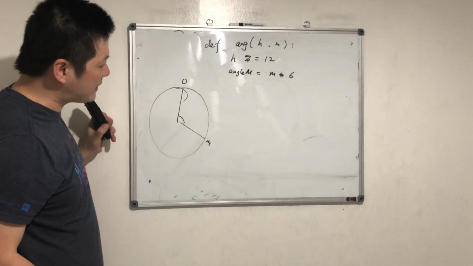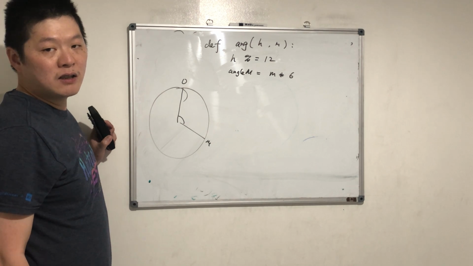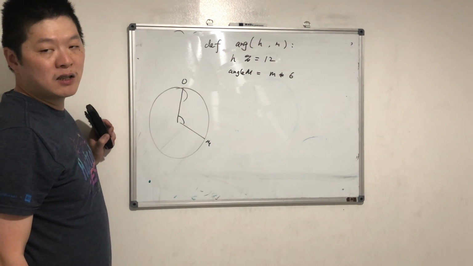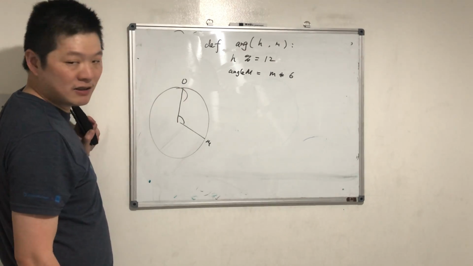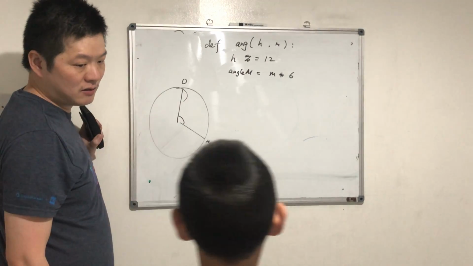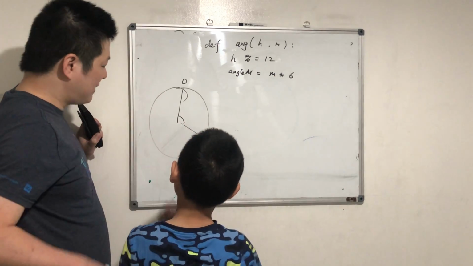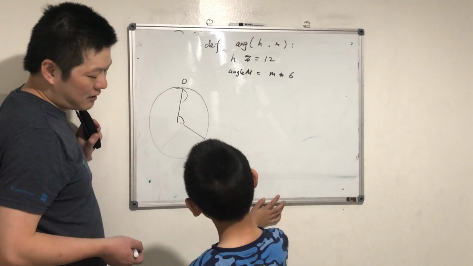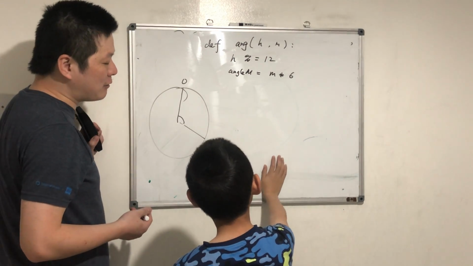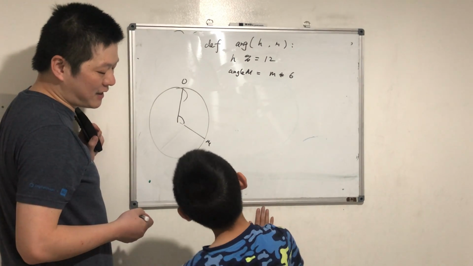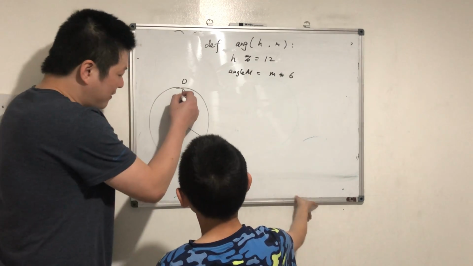If it's 30 minutes, where is the degree? The degree is kind of like here. So angle M equals M times 6. When M is 30, what's the degree? 180. Yeah, so it's 180.